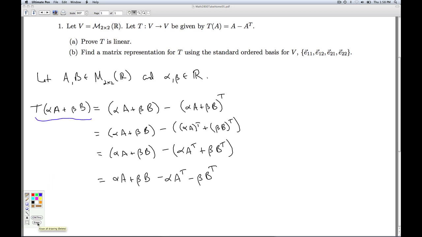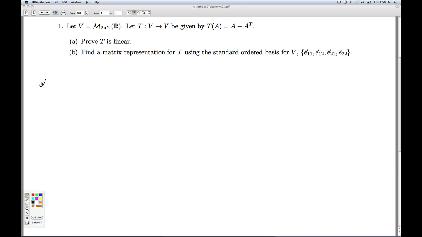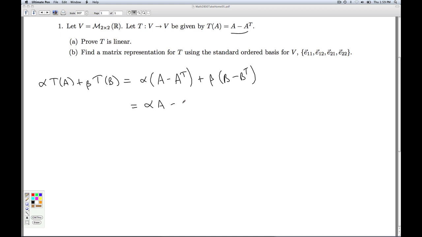Now, I need to compare that with alpha T of A plus beta T of B. So let's look at alpha T of A plus beta T of B. Alpha times T of A is that, plus beta times T of B. Distribute through the scalar multiple, and rearrange the terms.